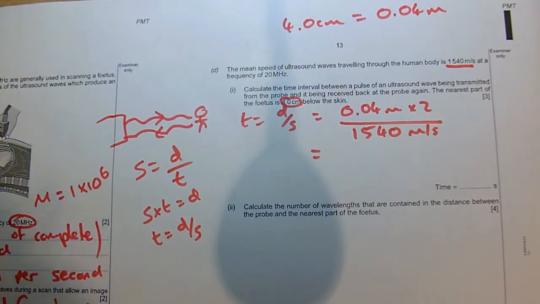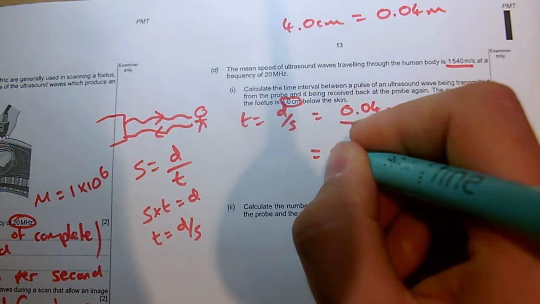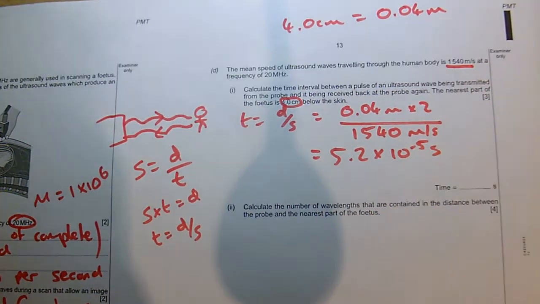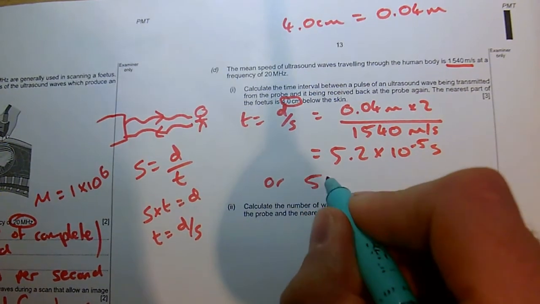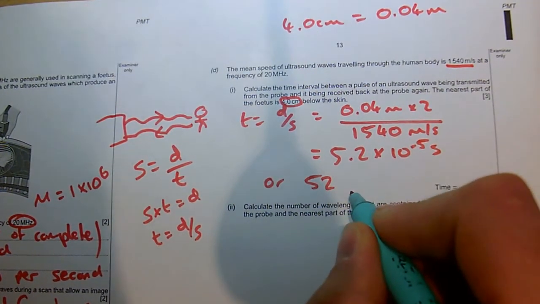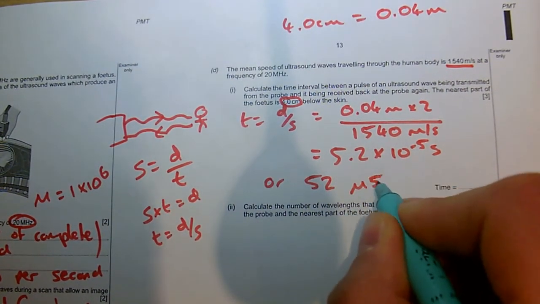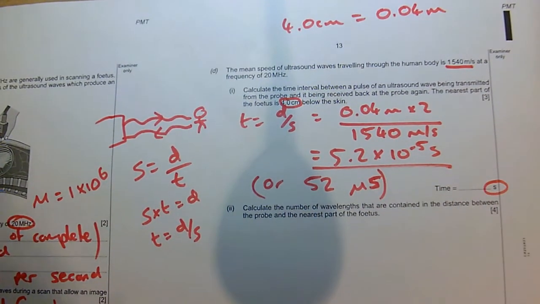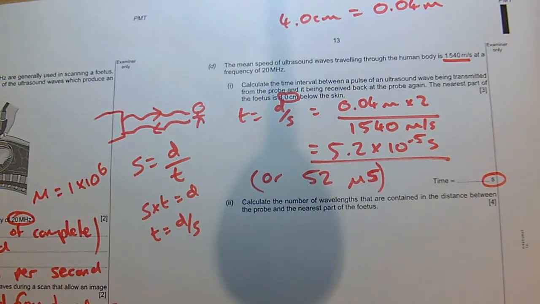So the time is 5.2 times 10 to the minus 5 seconds. Or if you wanted to give that in a slightly different way, you could say it's 52 microseconds. But this is perfectly fine because actually the units here are seconds.